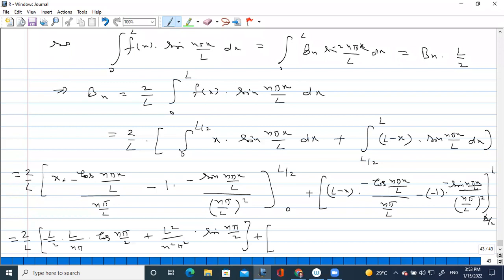So the sin(n pi) term will also become 0, that also we have to leave. Only L by 2 terms will be there. So if you put here L by 2, it will become L minus L by 2 is L by 2 into L by n pi into minus of cos(n pi by 2). So cos(n pi by 2).